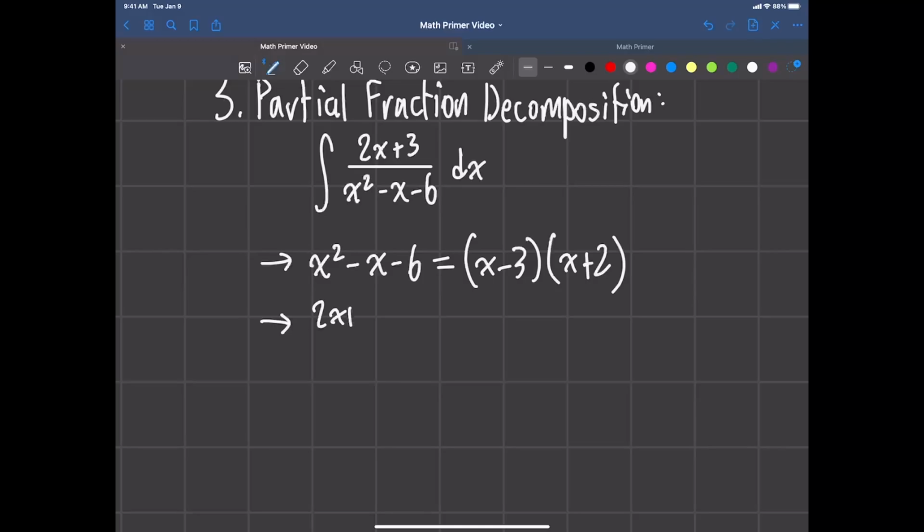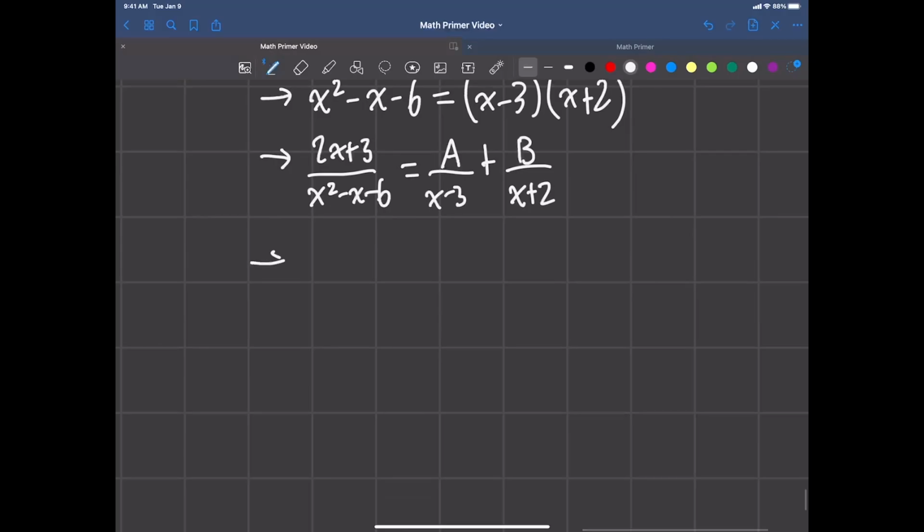So 2x plus 3 over x squared minus x minus 6 is equal to, this is how we decompose it, a over x minus 3, the first factor, and b over x plus 2. Then we multiply the denominator out to both sides.